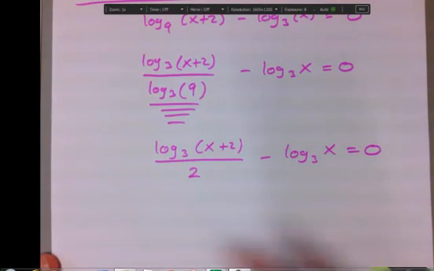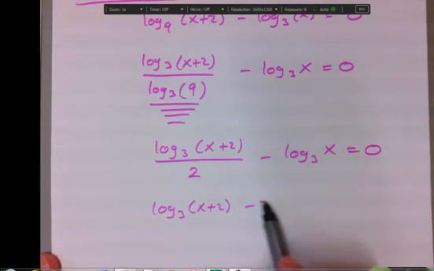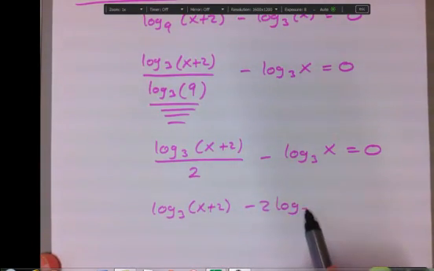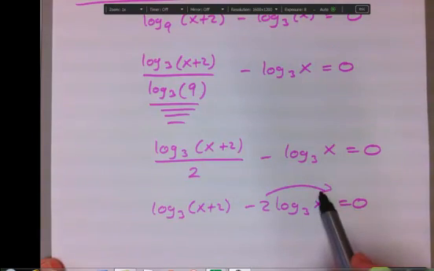I'm going to multiply everything across by 2. So log base 3 of (x plus 2) minus 2 log base 3 of x equals 0. I'm going to move this 2 in here.